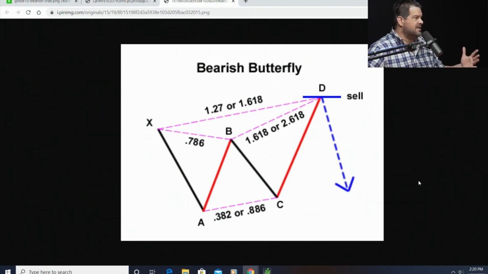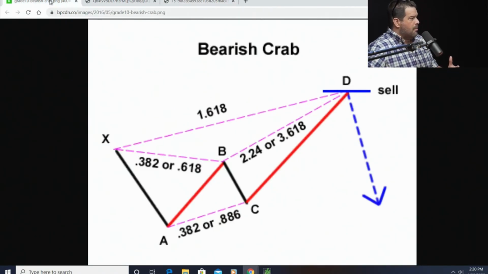I don't know exactly after this pattern what will happen. Will it just trace down 30, 60% and then come back up and make a shoulder? Will it come all the way back down to A? Nobody knows, but we at least want to look at these patterns to see where we think the market's going to go and know that there's going to be some resistance.